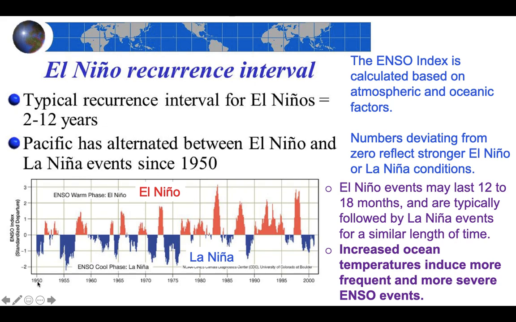And this diagram shows the ENSO index, calculated based on atmospheric and oceanic factors. And you're looking at basically El Nino events marked in red and La Nina events marked in blue on this diagram. Numbers deviating from 0 on this reference line reflects stronger El Nino or stronger La Nina events.